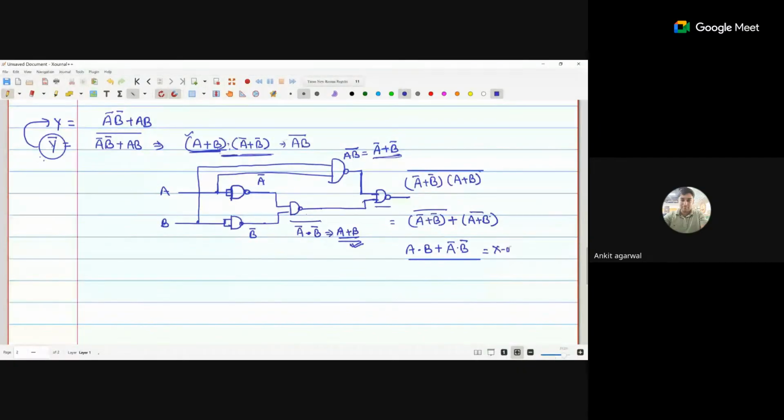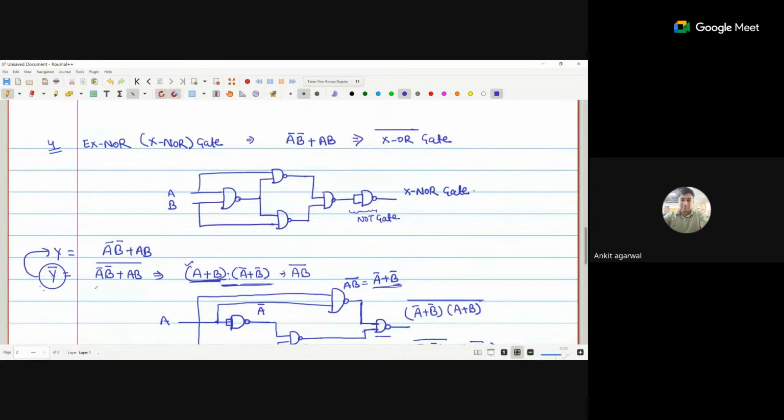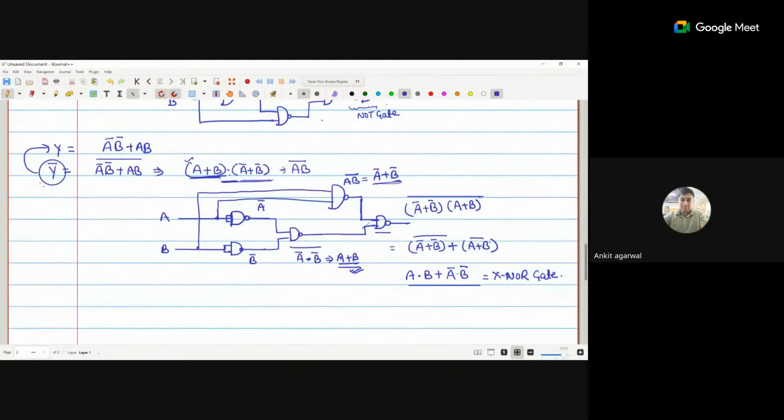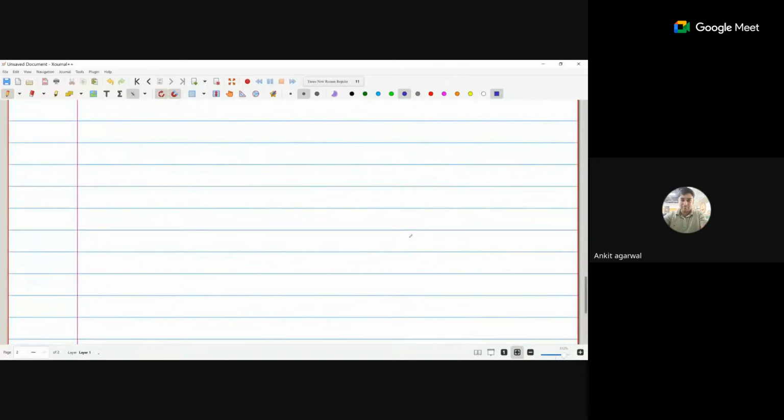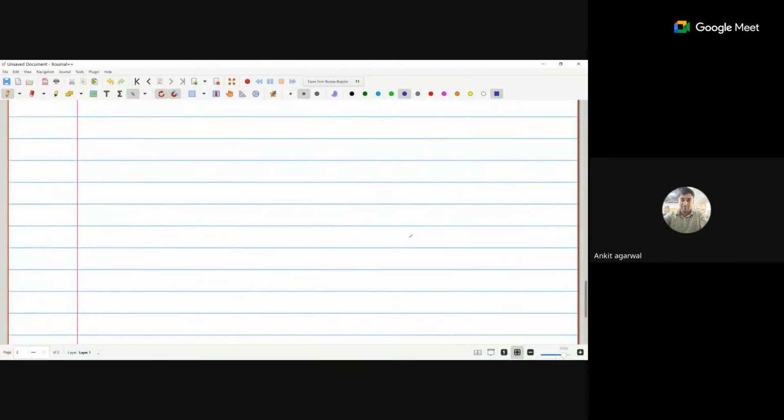That is XNOR. So you can implement it both ways. Either you implement the XOR gate initially, then use one NAND gate to invert it, or the second way. Clear? So we implement either the basic gates or complex gates using NAND gates.